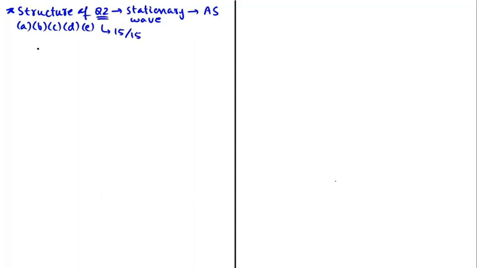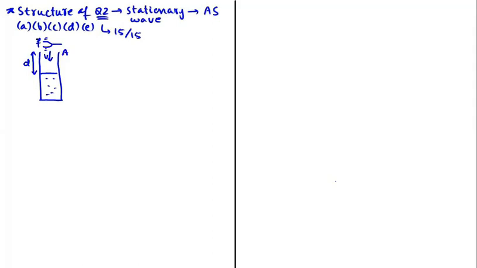So we have been given in the question that there is a tube which is partially filled with a liquid. This is air column. This is a tuning fork of frequency f. It is vibrating and producing sound that travels with speed v down the tube. And at a certain length d of air column in the tube, resonance occurs. That is, antinode forms at the open end of the tube.